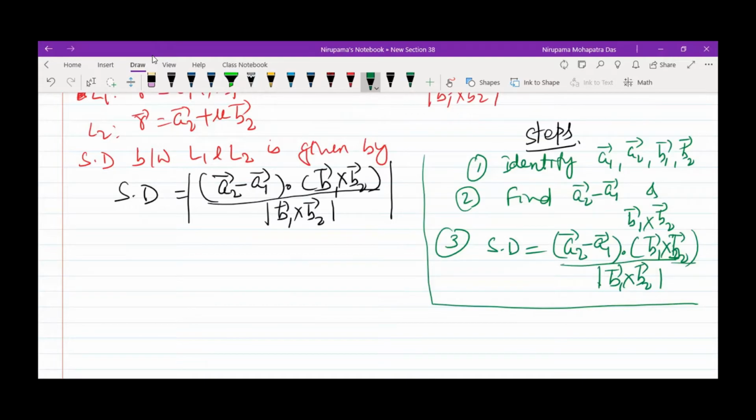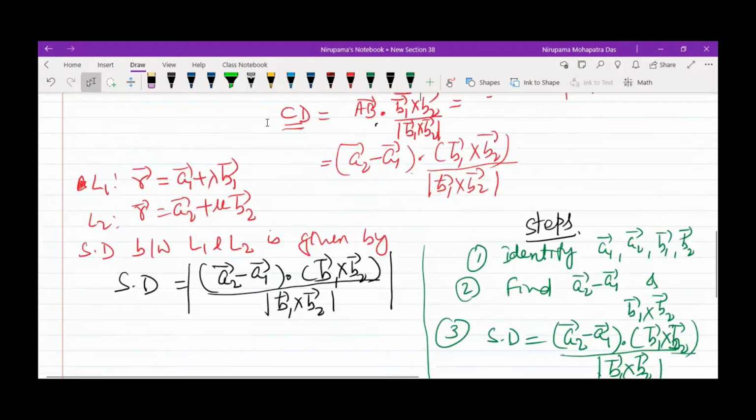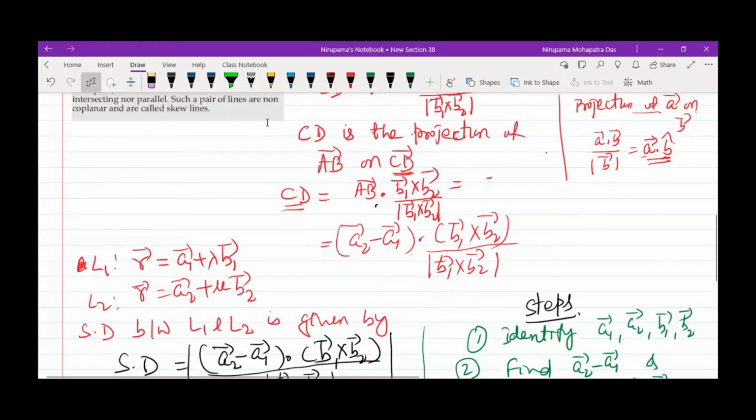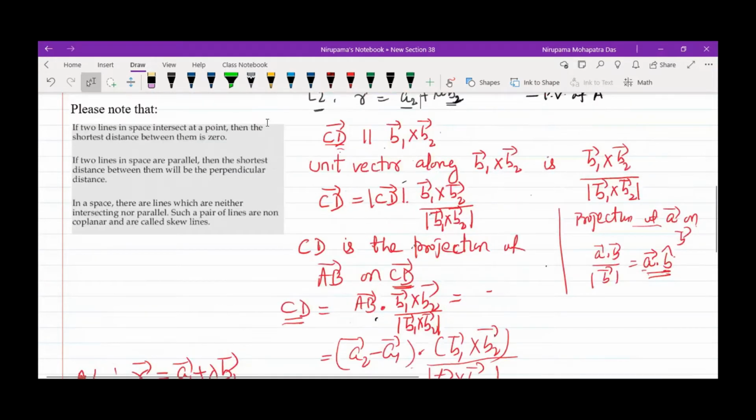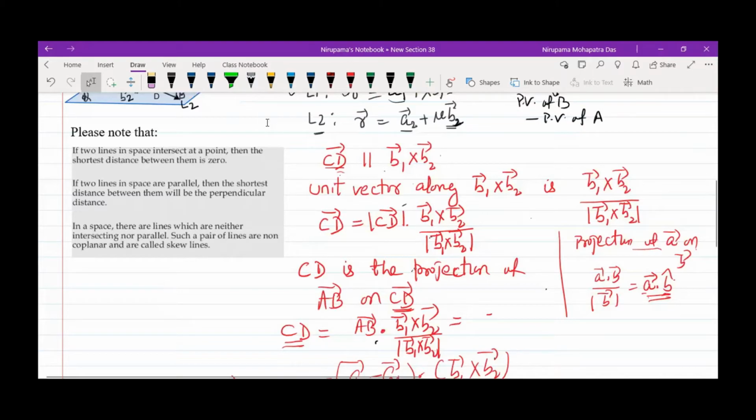Now here you see, whenever we are given the lines in the question, how to know these are skew lines? We will not be able to know because we won't be given the diagram. In the exam, we may be given only two lines in the form of r equal to a plus lambda b. So you have to see if the lines are in the same plane, then they may intersect each other or they may be parallel also.